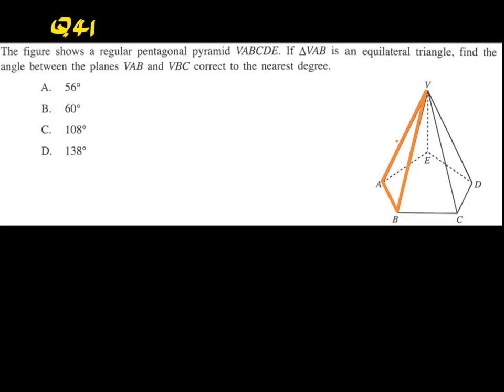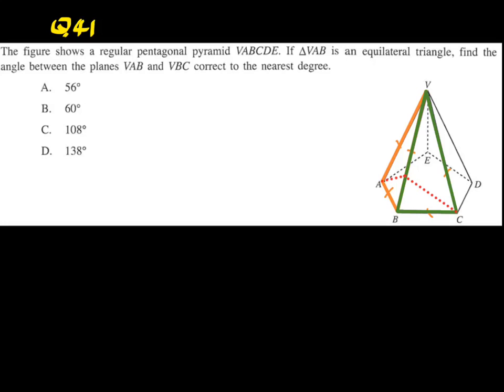This is one plane, and being an equilateral triangle, all sides are equal. And here's another plane. Now to find the angle between these two planes, we drop from the vertex, in this case for the triangle ABV, the vertex is at A, a perpendicular to the adjoining line, which is BV.